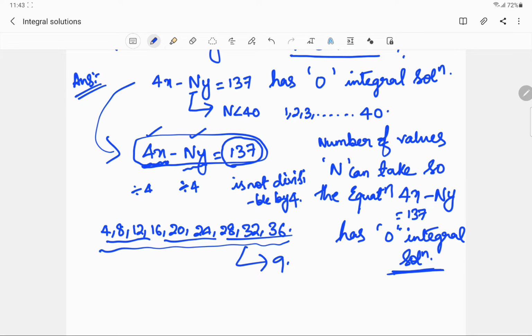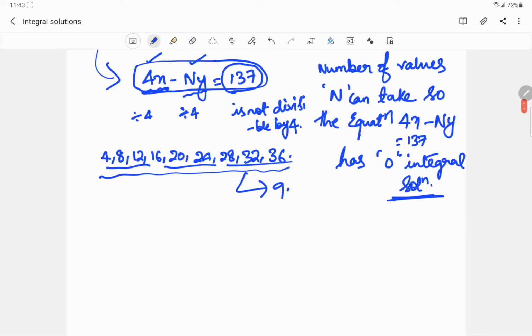Now let us look at this equation, 4x minus ny is equal to 137. Now if we see, this particular term is even, this particular term we do not know what it is, but to the right side of that equation we have an odd term.